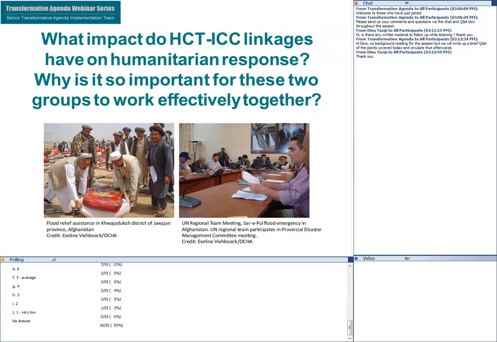Now, some good examples from my last posting, in fact, before joining the Global Food Security Cluster, was in Palestine, where the whole advocacy strategy of the HCT and the messages of the humanitarian coordinator were definitely tailored by the intercluster group.